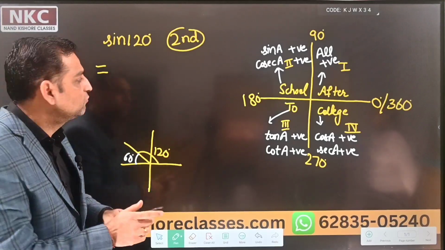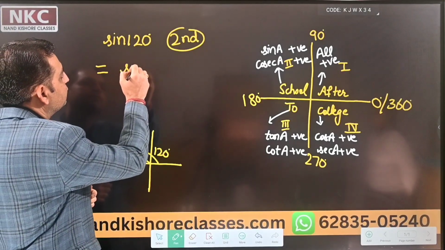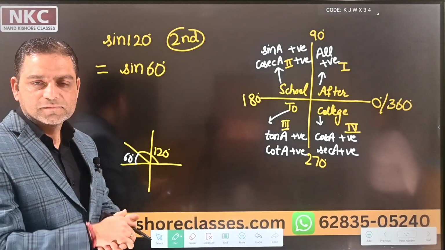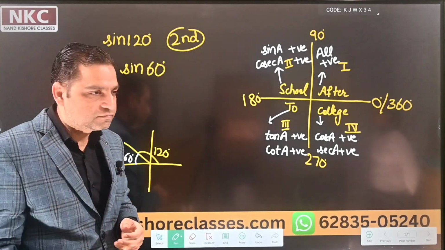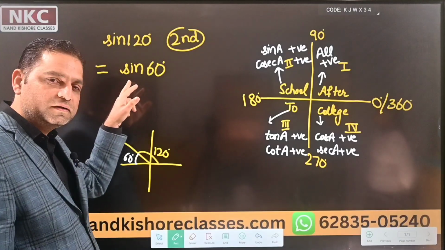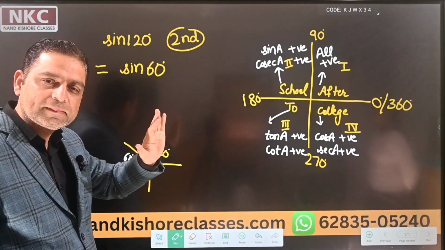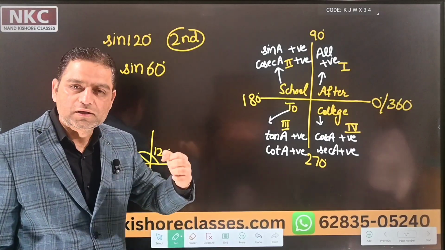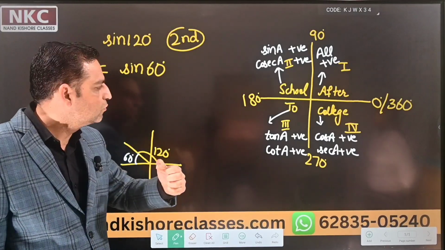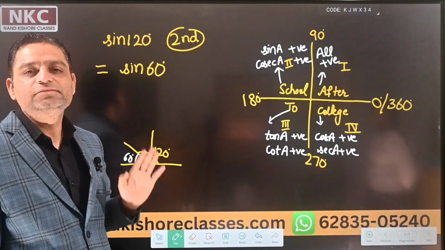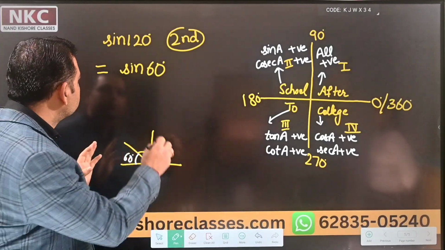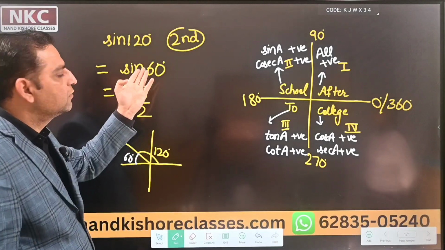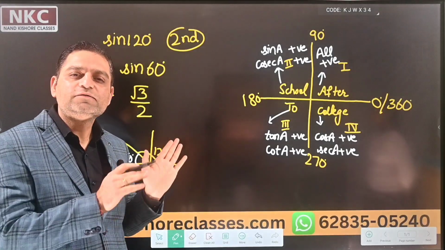So sine 120 and sine 60 are the same in magnitude. I am repeating, listen carefully. First of all, I decided the sign. Sign remains positive. Then instead of directly finding the 120 degree angle, we just find sine of the reference angle. And we know that sine 60 degree is square root of 3 upon 2. That means sine 120 degree value is root 3 upon 2.